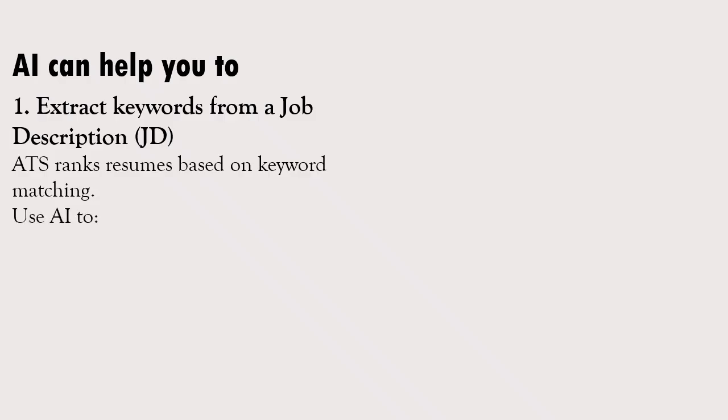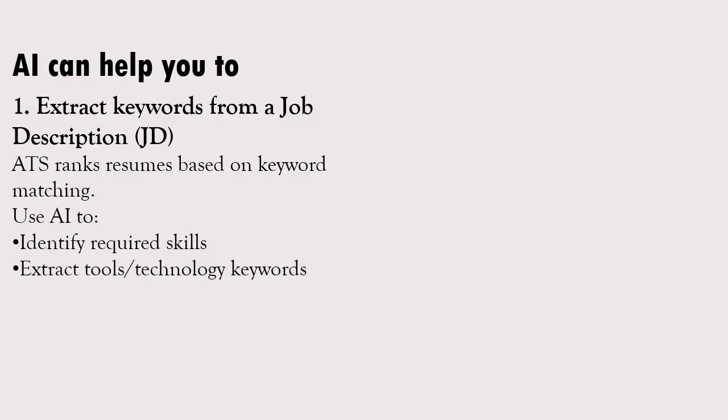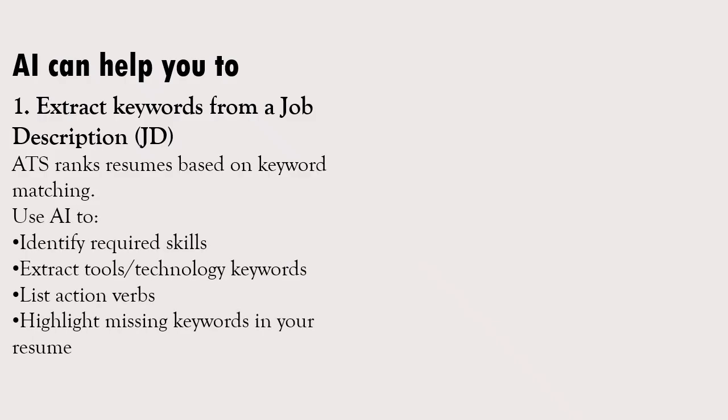Then, how can AI help you? AI can help you extract the keywords from a job description, because the ATS ranks the resumes based on keyword matching. Then use AI to identify the required skills, extract the tools and technology keywords, list action verbs as I told you in the previous slides, and then highlight the missing keywords in your resume.